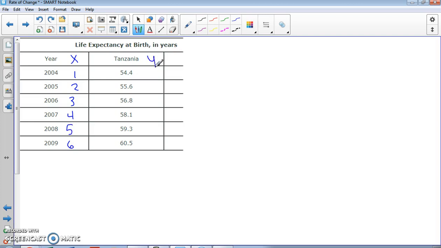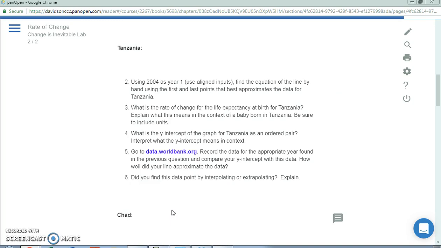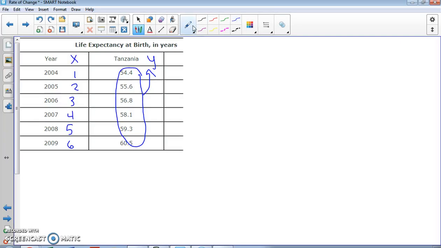And these are going to be our y values. Right? And we want to use the first and last points to create the equation of the line. So we're going to use that as a data point, and this is a data point.